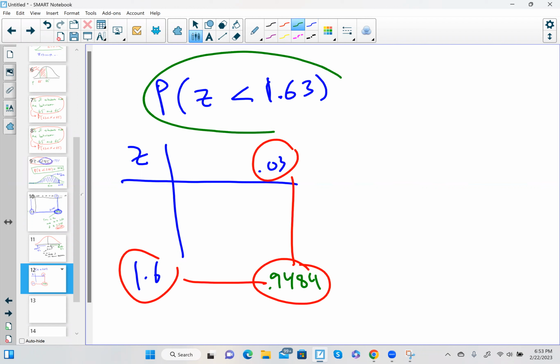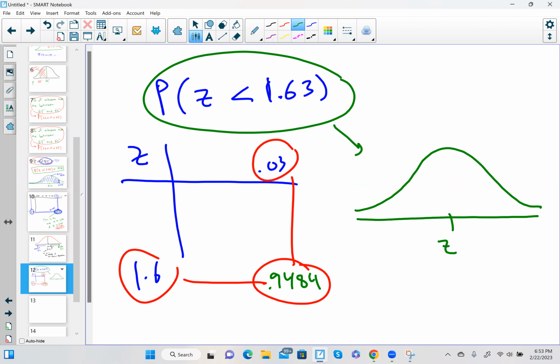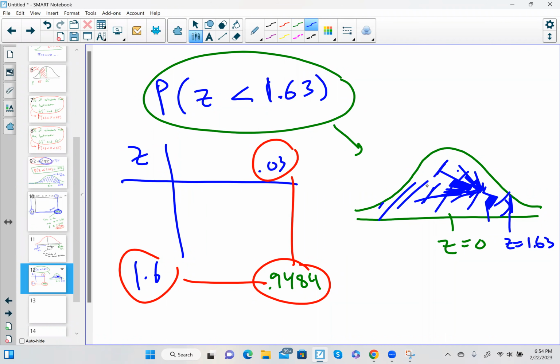What that's telling us is that if we were to draw a normal distribution and put Z equals 0 in the middle, then we can go over here, mark off Z equals 1.63, go up, and shade all this area to the left.